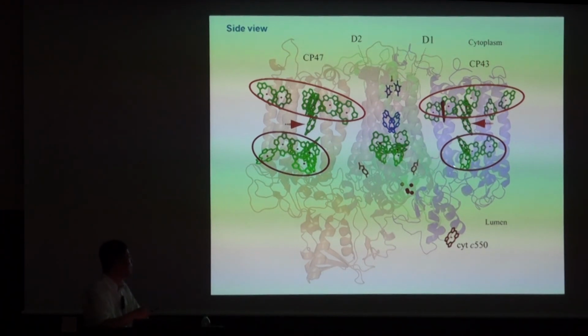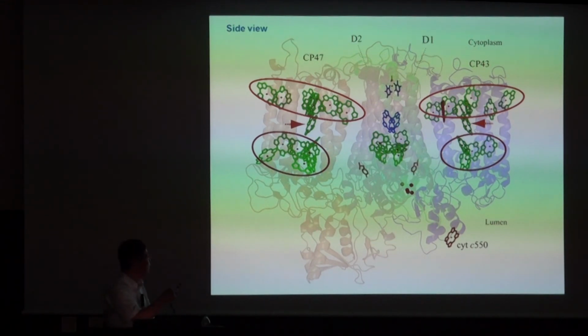Within each of these 2 layers, the chromophores are located close to each other. Close means that the distance between chromophores in a layer is shorter than 10 angstrom. So the energy they absorb can be very efficiently equilibrated within one layer.